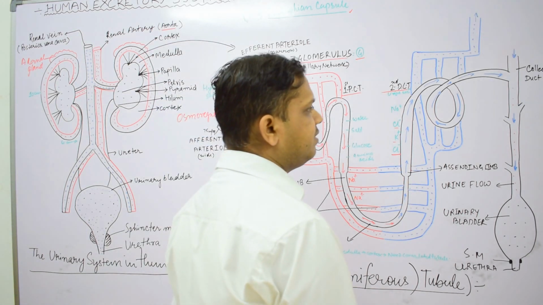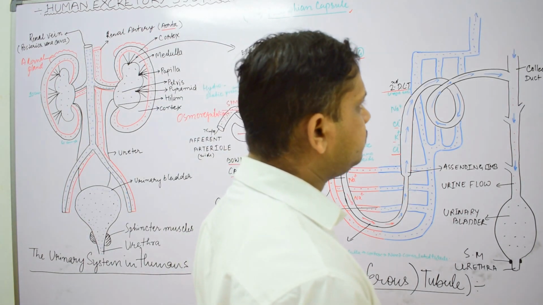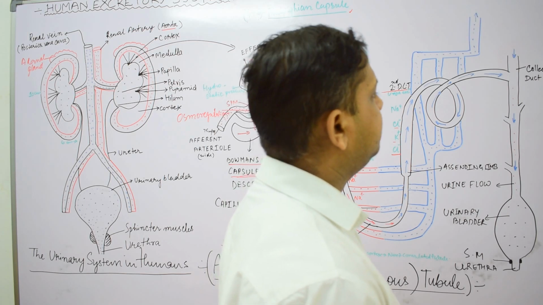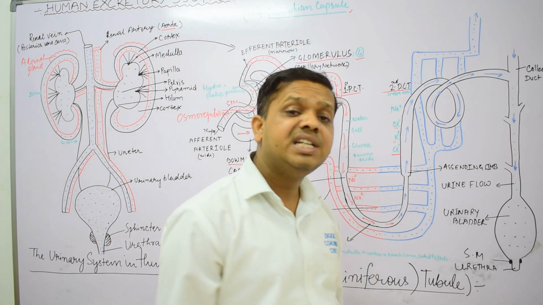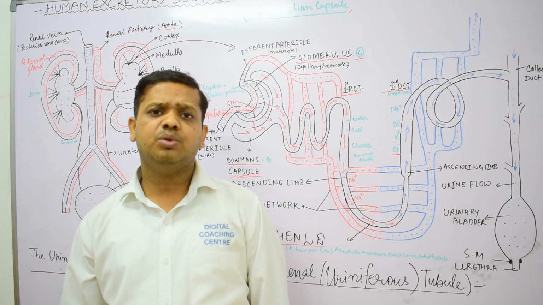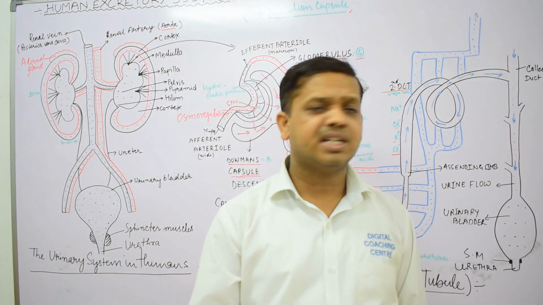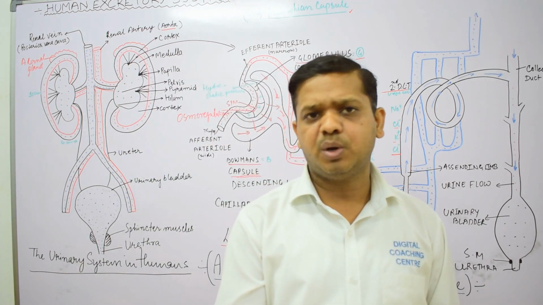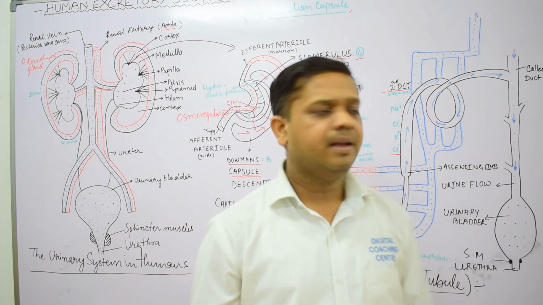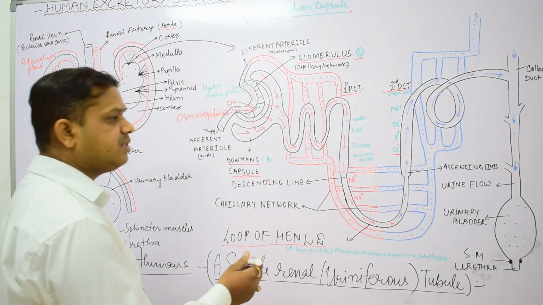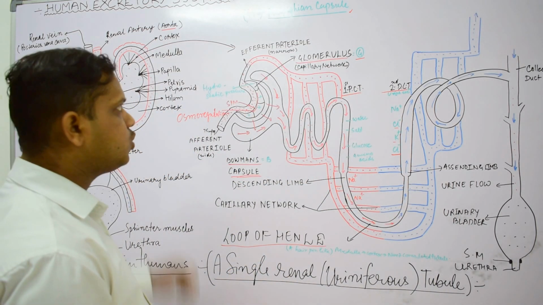One more important thing we'll share: what are the kidney-related diseases. There are basically 2 or 3 important diseases which are seen. The first disease is hematuria.